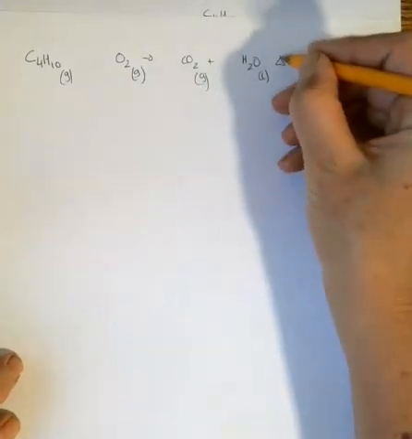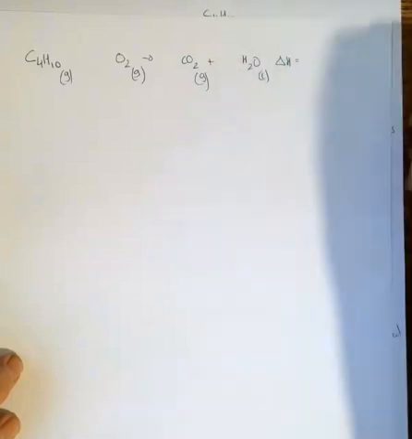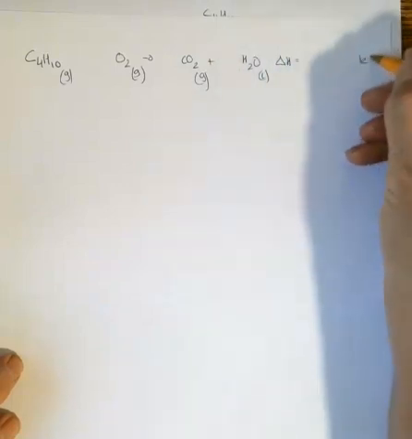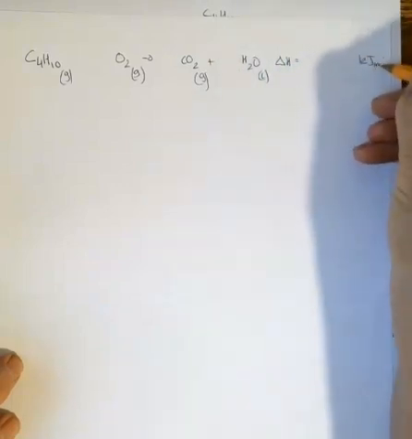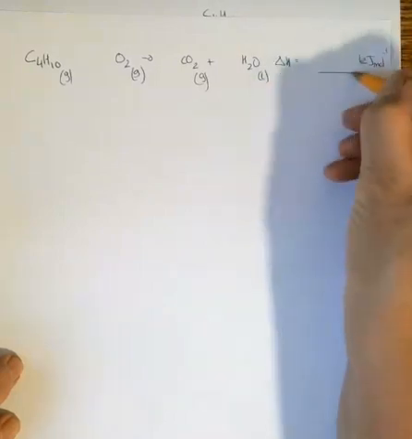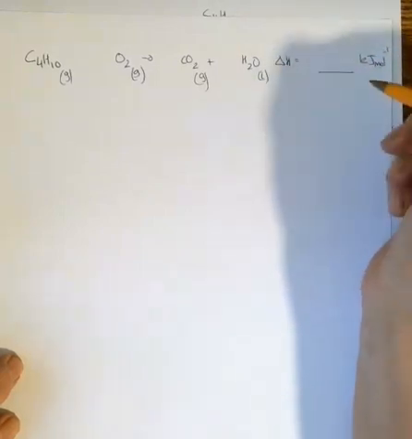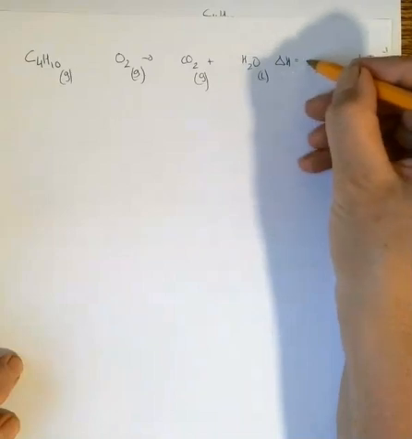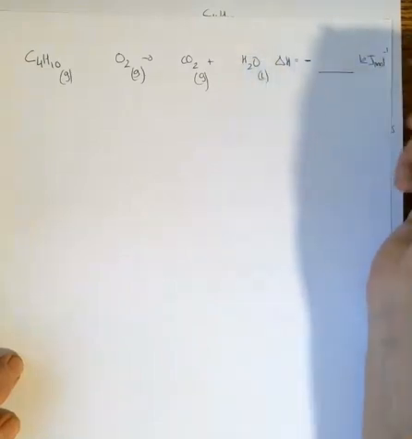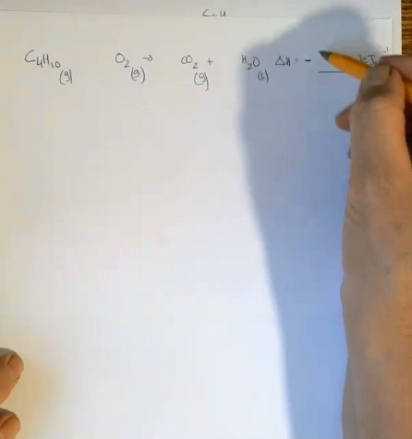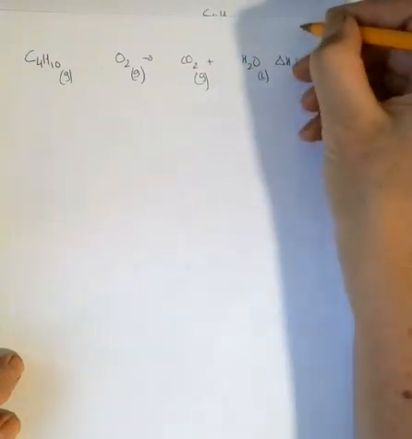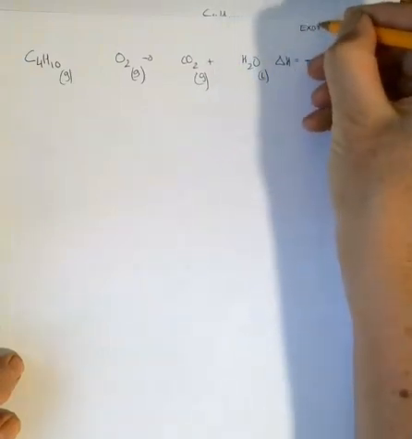Alright, and we're going to have a change in H at the end of this in kilojoules per mole. So we need to work out how much energy is going to be released. And remember, when you do this, this always needs to be negative, because it's an exothermic reaction, it's releasing heat.